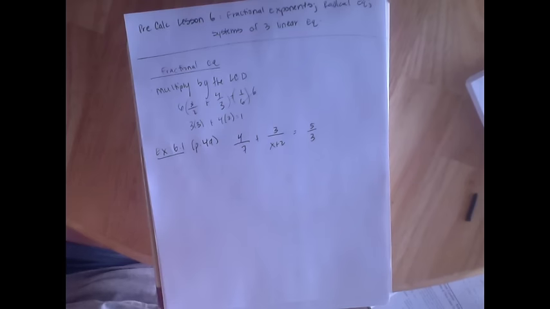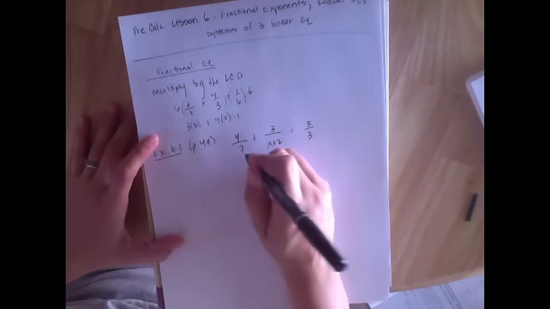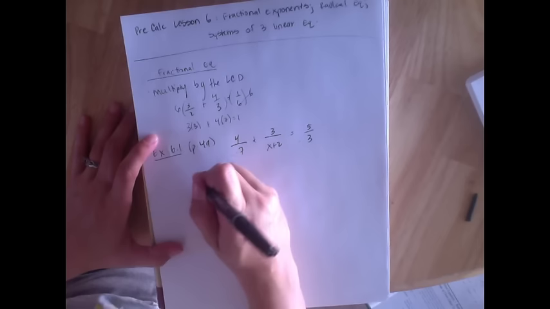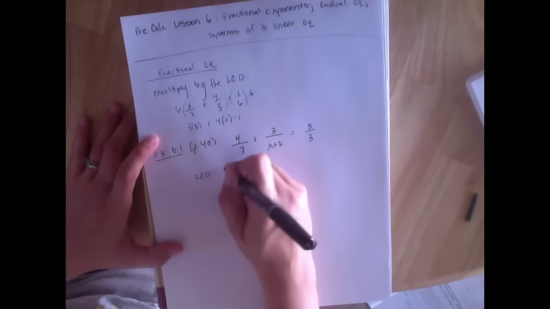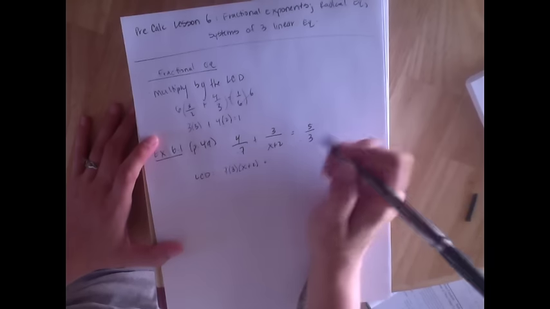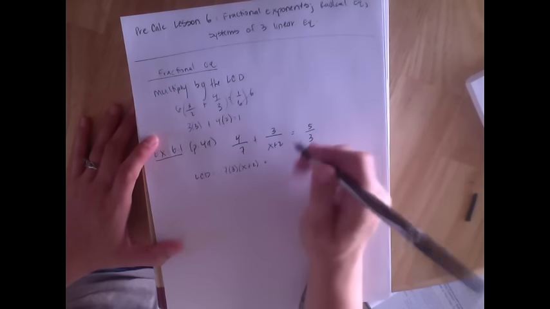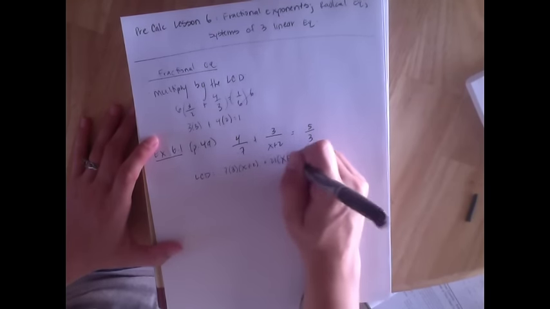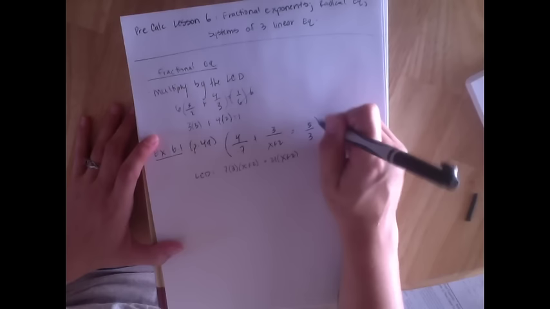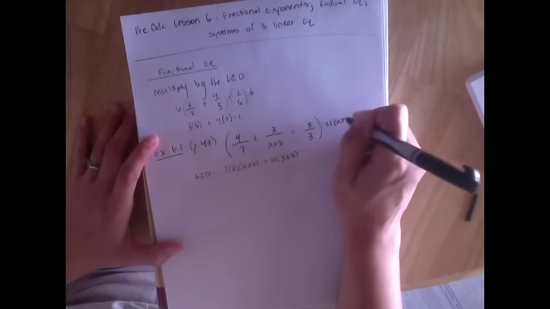In this case, the easiest way to find your least common denominator is to multiply each of your denominator terms. So my least common denominator is 7 times 3 times x plus 2, which I'm going to write as 21 times x plus 2. I'm not going to distribute it, and you will see why. So I'm going to multiply every term by 21 times x plus 2.